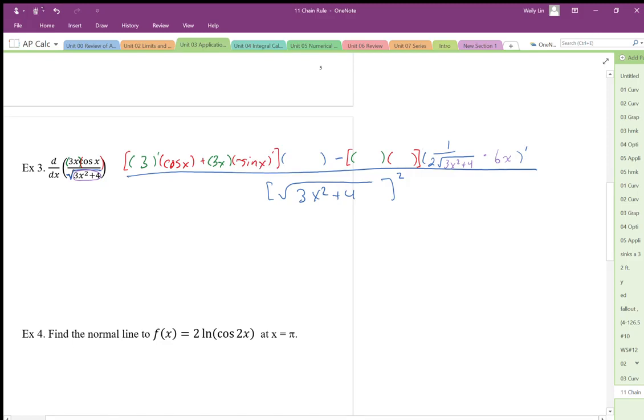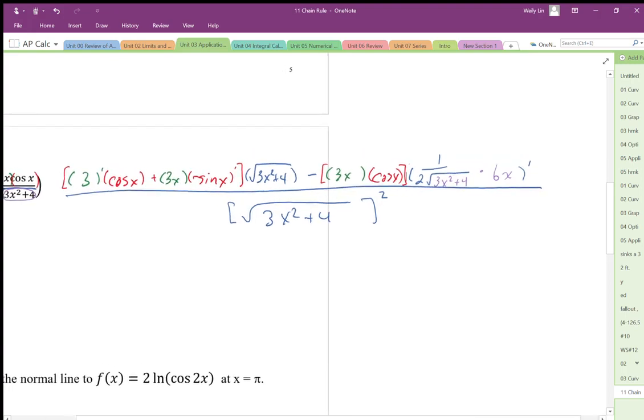And then the denominator, although it's messy, nothing actually changed in the denominator. They're just bringing that denominator to the top. I don't differentiate the denominator in the first part, I differentiate it here. And then the second part of that numerator is just going to be 3x times cos x, because nothing changes. And then the derivative of the denominator, that's where we apply the chain rule. Okay, so there it is.